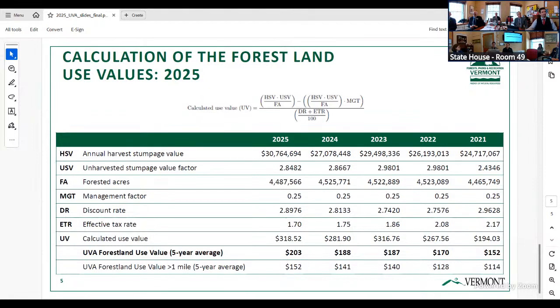Can you imagine the work at the tax department of calculating each use value and how many different categories for every single parcel? So it was pulled back to the 3 base use values, and then it blends all of it together.